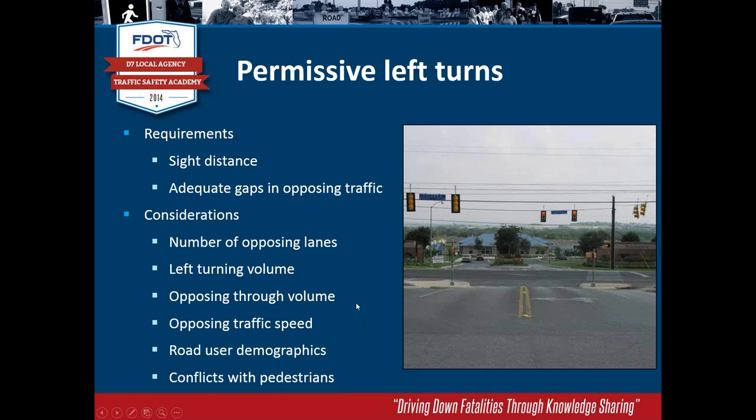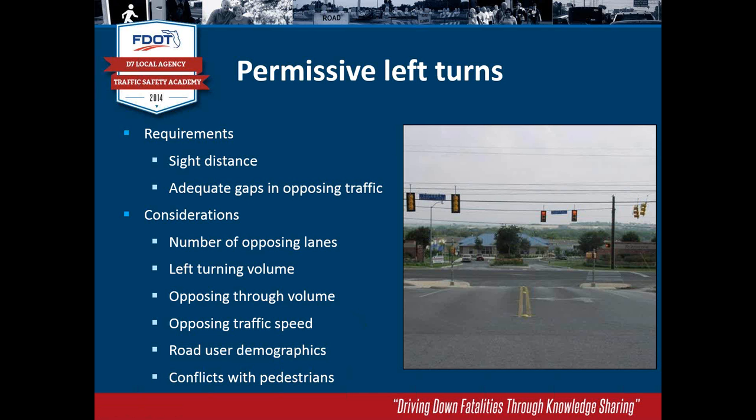And again, I mentioned, certainly young, inexperienced drivers have issues with gap acceptance, and older drivers, particularly as people get older, judging the speed of oncoming traffic and just how much gap you've got is a real challenge.